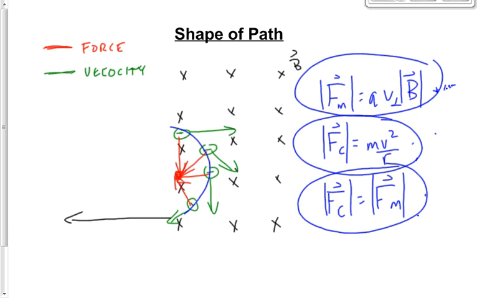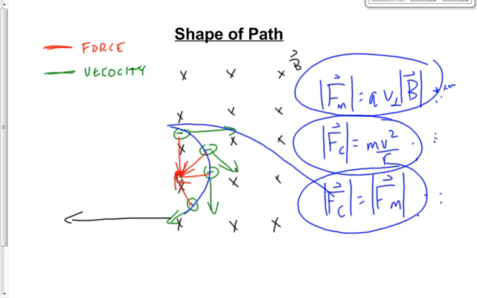If it was going quite a bit faster, then that charged particle might have gone like this, and then skipped out the other side in a straight line. That's only like 1/8 of a circle. But while it was in the magnetic field, it was still following a circular path. So regardless of whether it goes in a complete circle or a partial circle like we have here, all three of these equations, including the two new ones we learned today, are all valid.